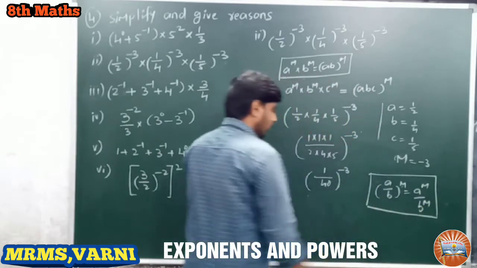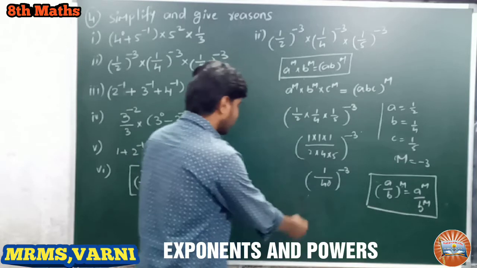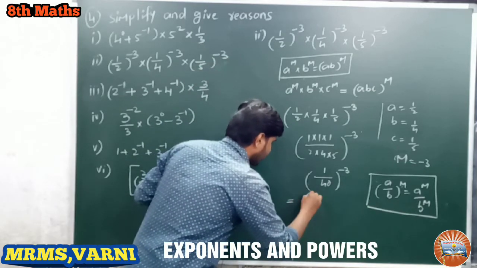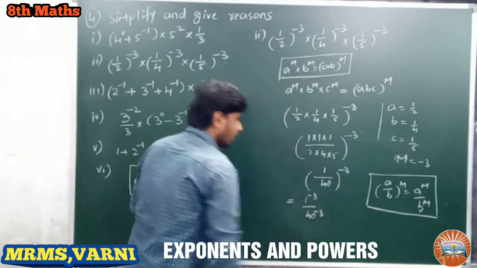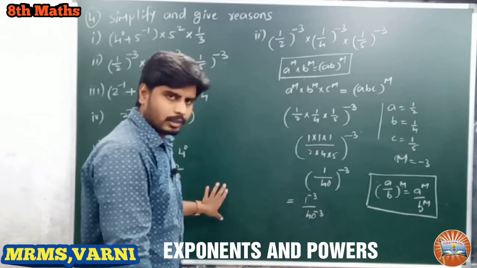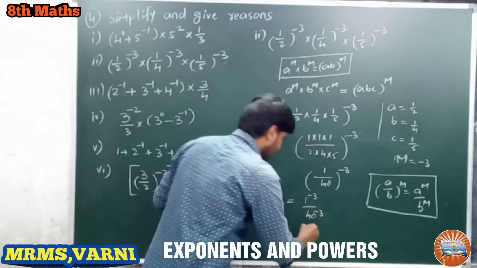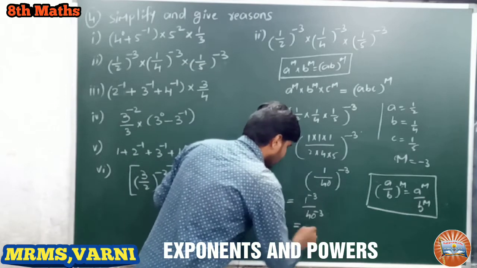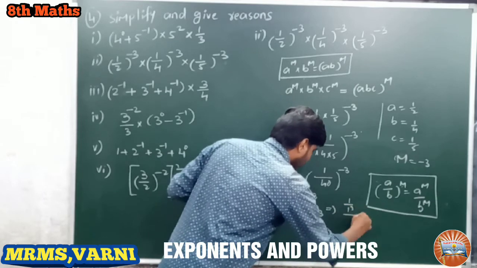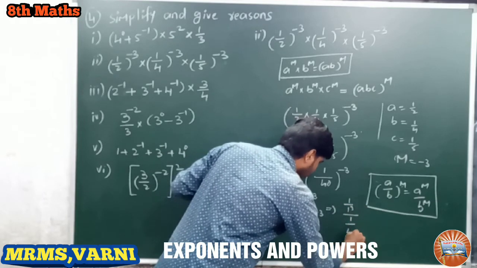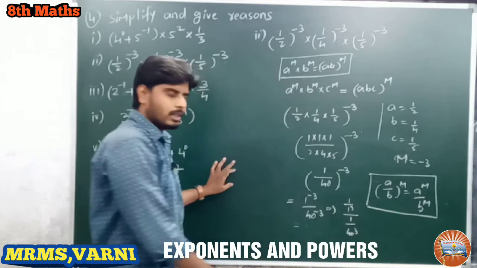With that formula, this becomes 1 power minus 3 by 40 power minus 3, isn't it? Yes. So what we can write is, this becomes here 1 power minus 3 by 40 power minus 3.